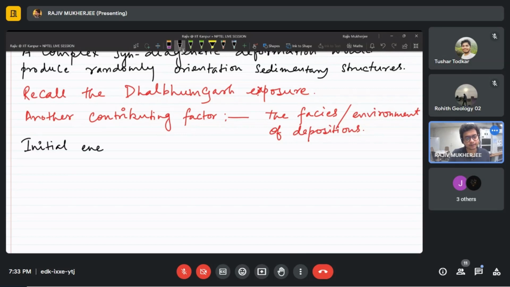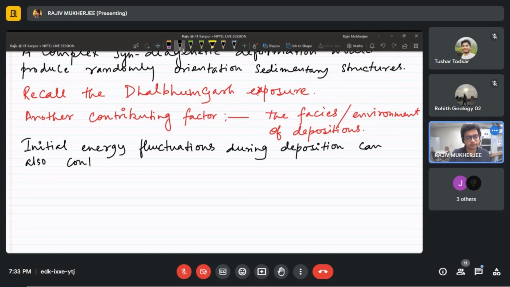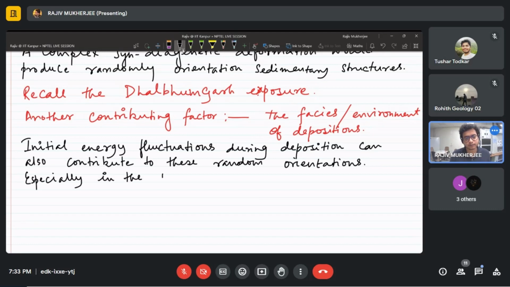Initial energy fluctuations during deposition can also contribute to these random orientations, especially in tidal flat sequences.